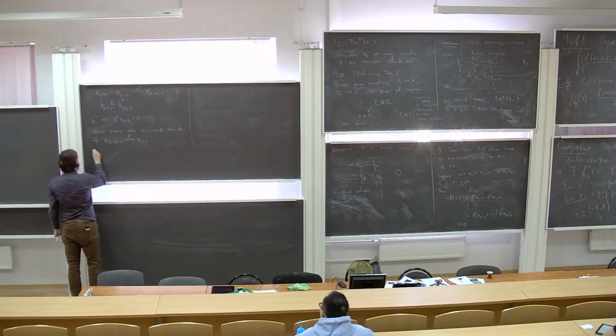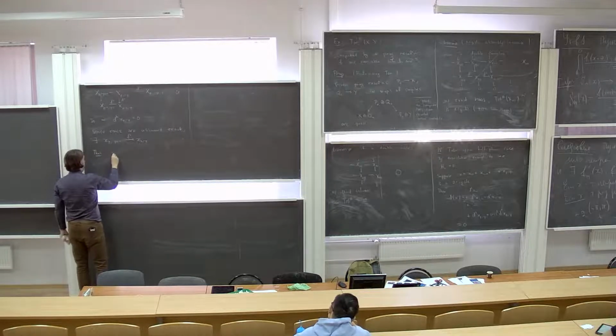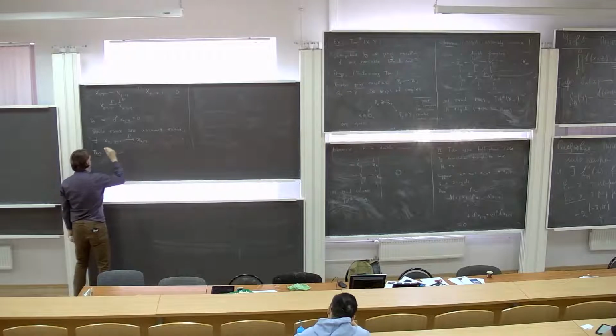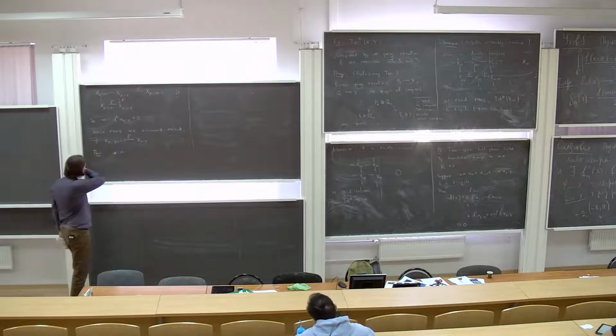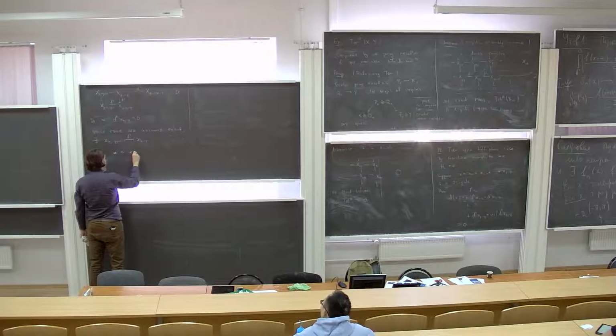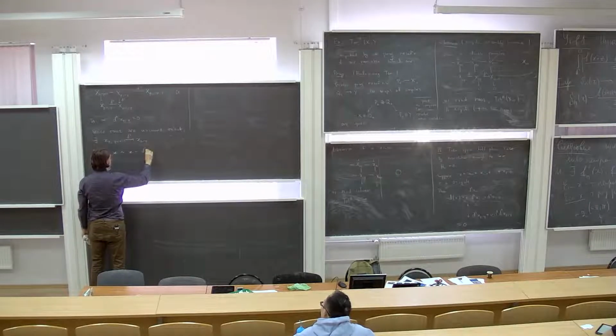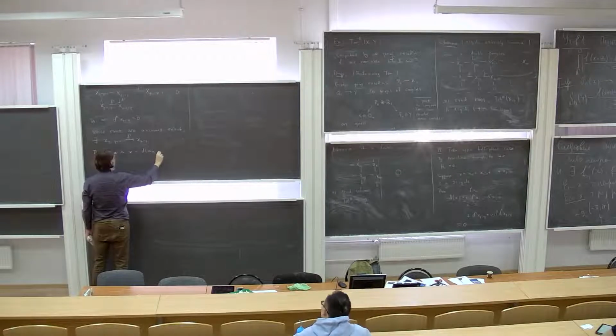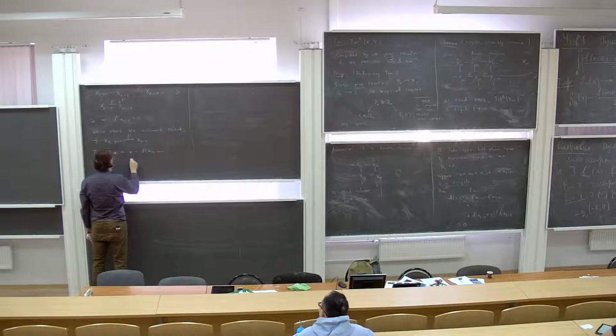So thus, this original cycle is homologous to x minus this boundary, which is dh, which is d of this thing that has a single term, x_{p-p+1}. And this thing only modifies at the very end.